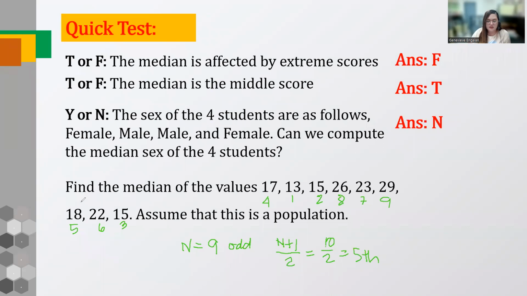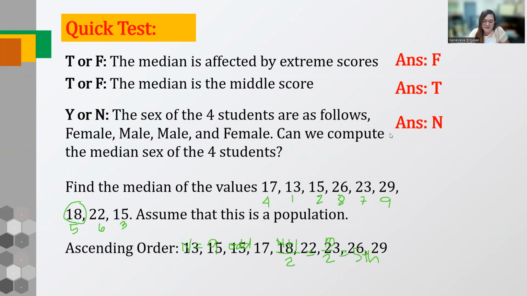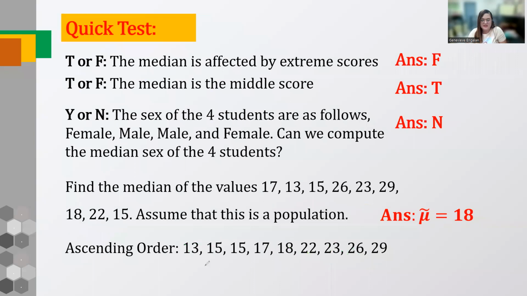The fifth value is 18. So we have the median is 18. Okay, so after ordering, our median is 18.